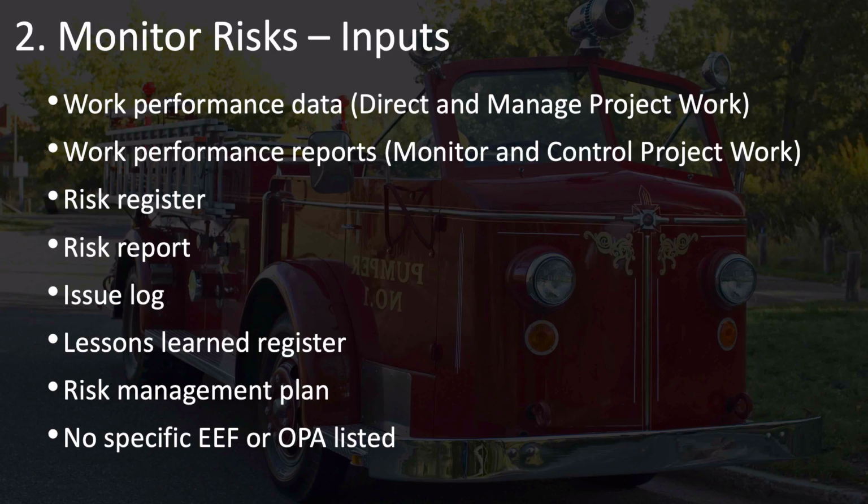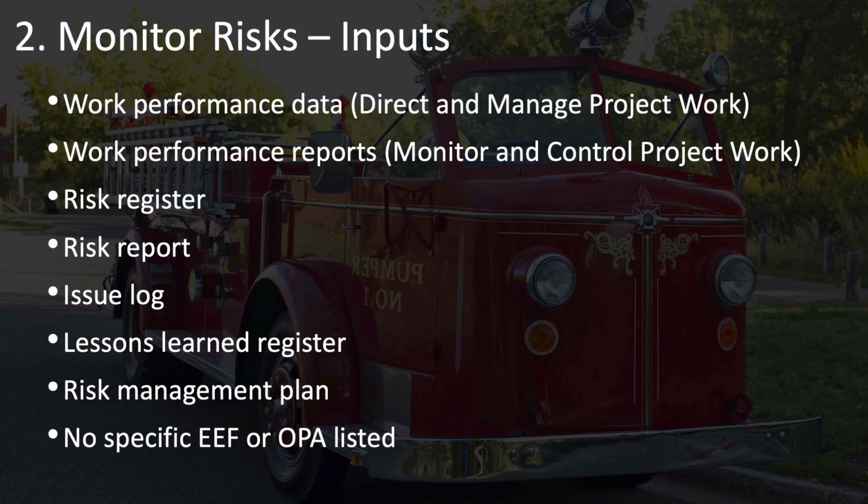The issue log, of course, includes risk-related information about issues that have come up, and your lessons learned register, in which you've been recording information from previous iterations of monitoring risk in this process that can give you information about how best to monitor risks for the rest of the project, and naturally your risk management plan, because it has the rules and guidelines for how to monitor risks.